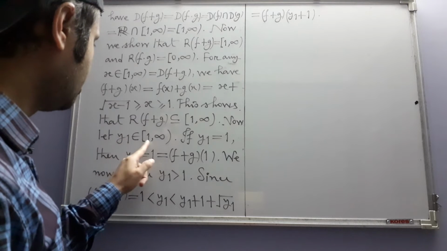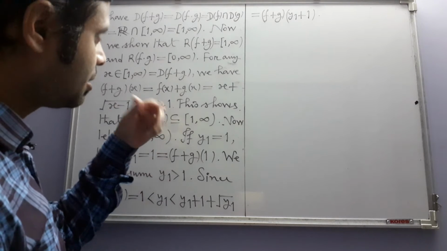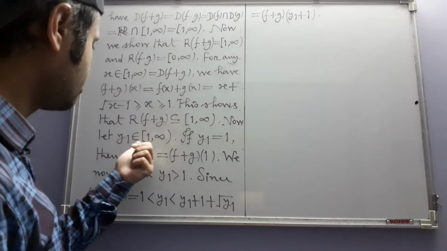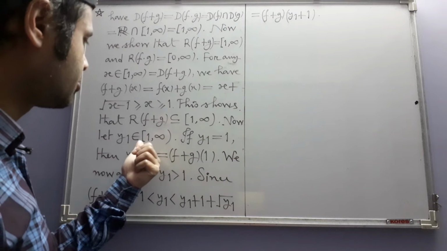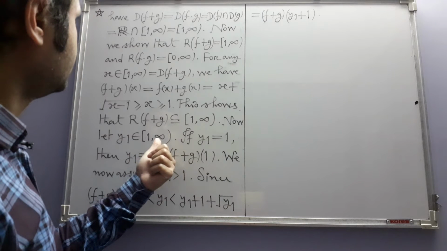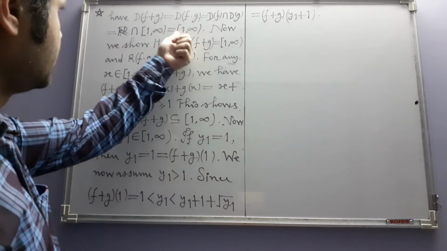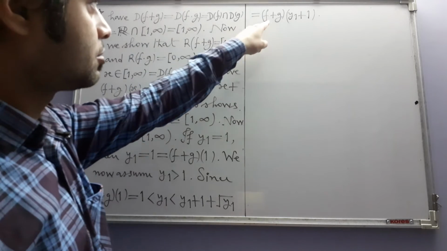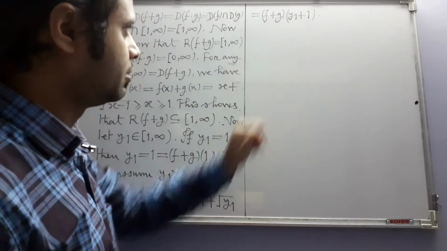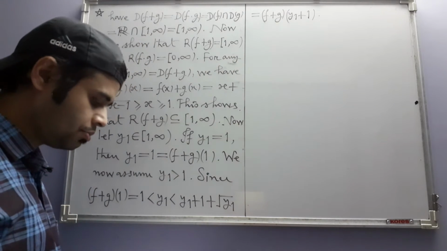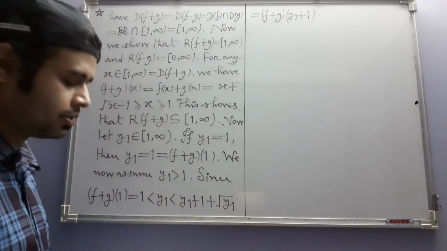Since y1 belongs to this interval, y1 plus 1 also belongs to this interval, and this interval is the domain of f plus g. So it makes sense to calculate f plus g at y1 plus 1. But the question is, why are we writing these inequalities?